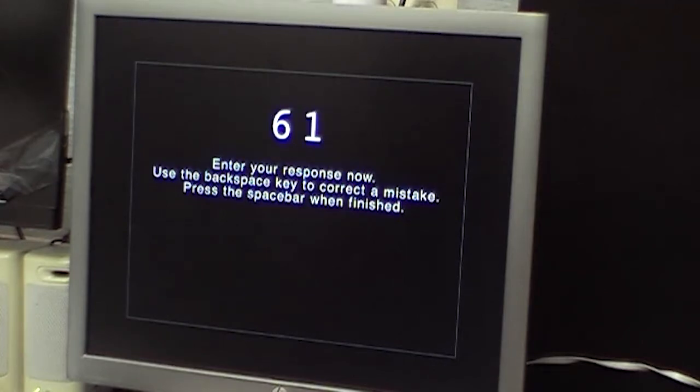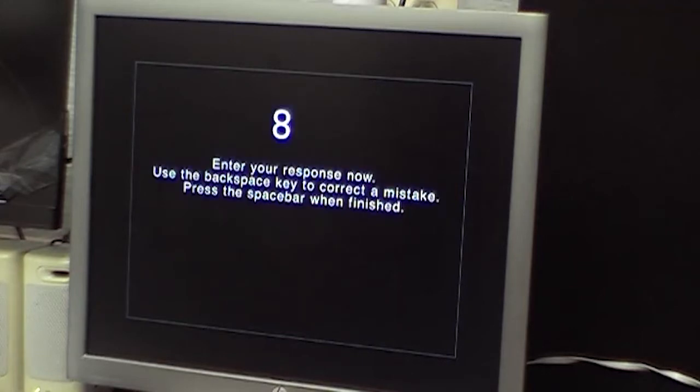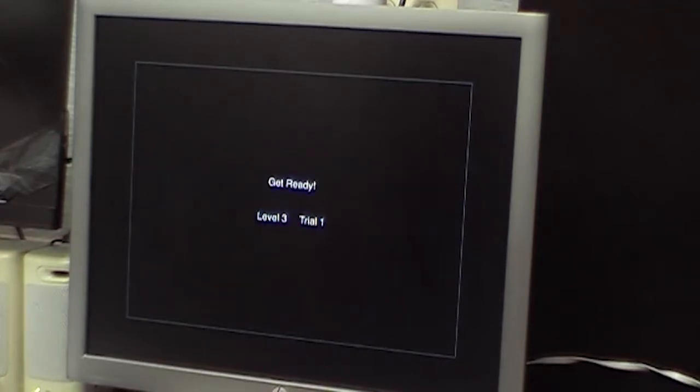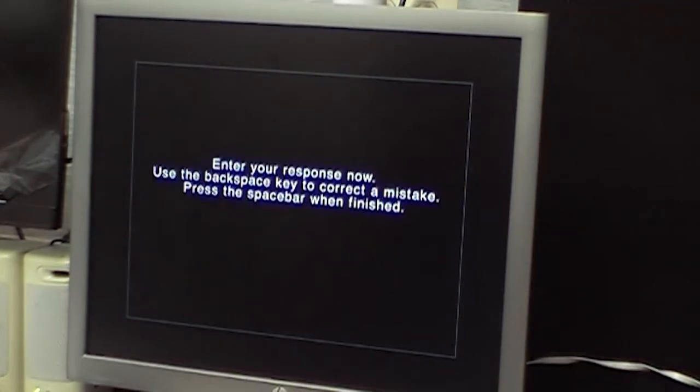You'll notice that the number is shown very quickly, and the subject has to see the picture in their mind's eye, and respond to that. Now it's 3 numbers, and it continues on 3, 4, 5, 6 digits.